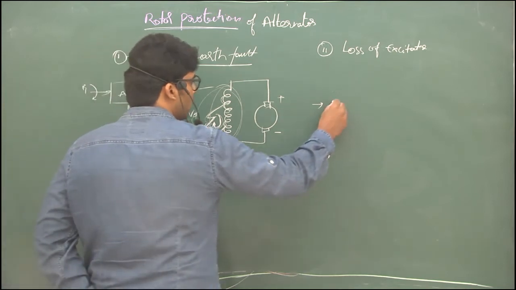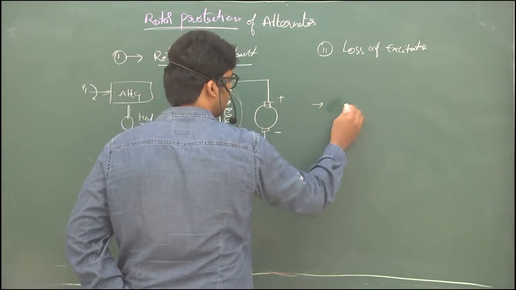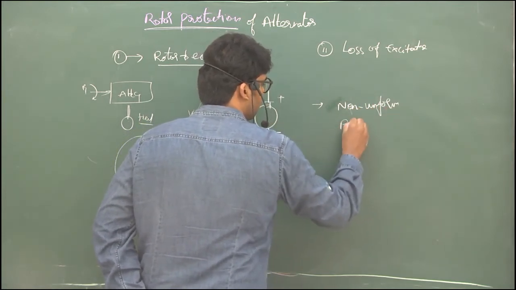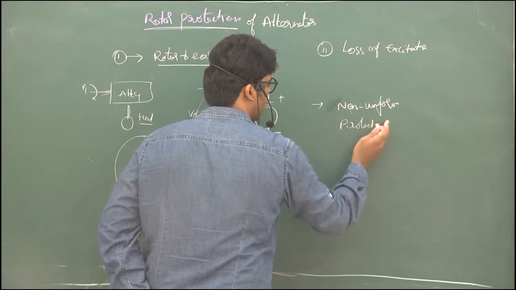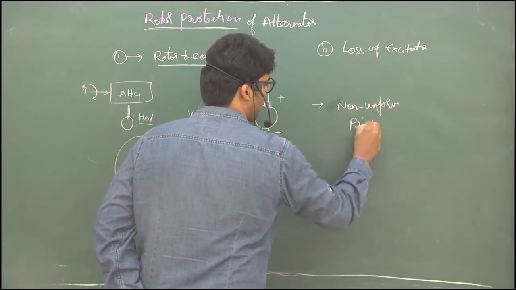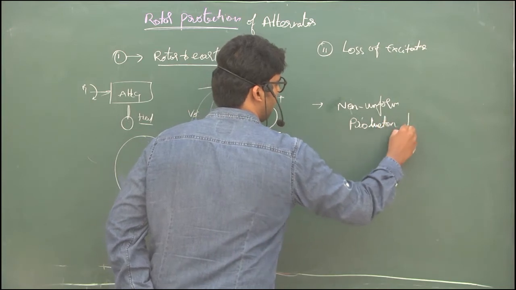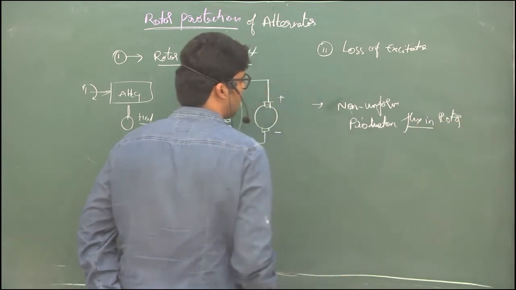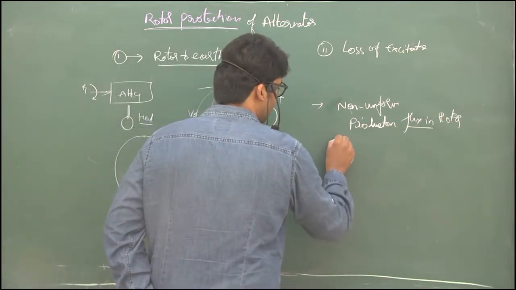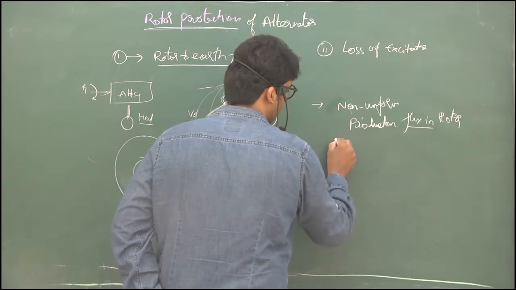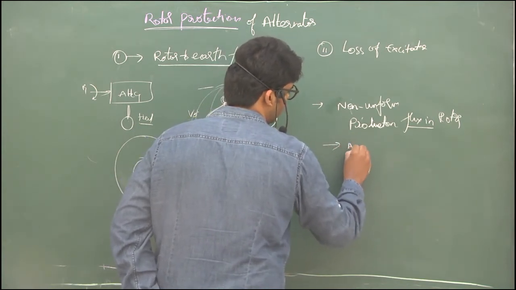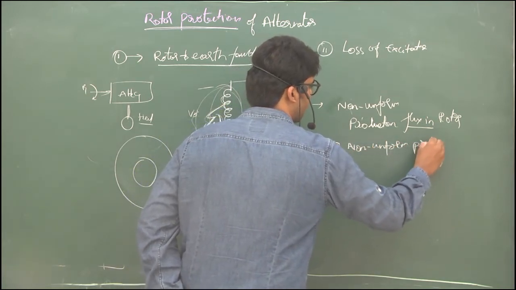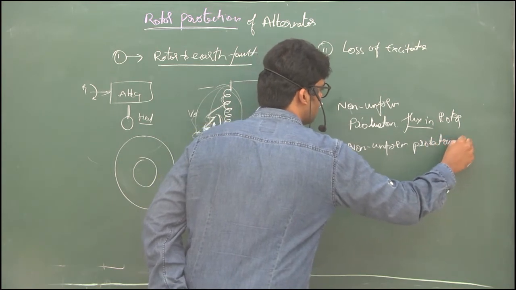Due to this, non-uniform production of flux in the rotor takes place. The non-uniform rotor flux generally induces non-uniform production of EMF, that is, our output voltage will be reduced.